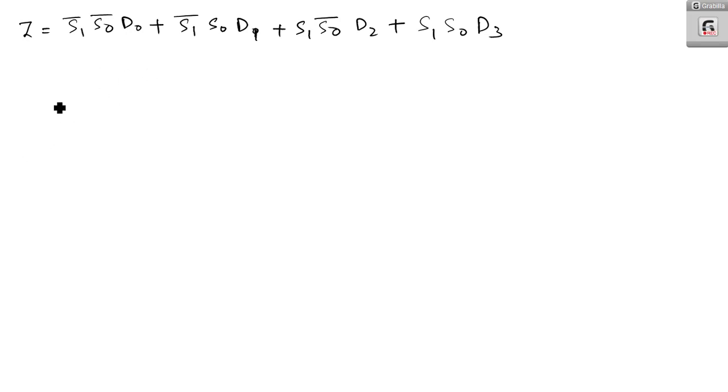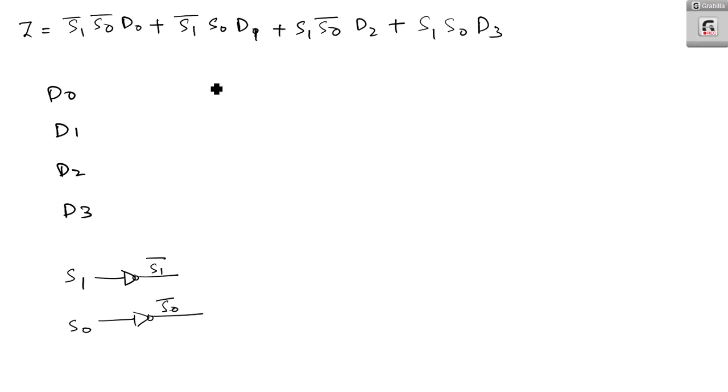So first you have inputs, that is D0, D1, D2, D3. Now comes select inputs. Select inputs are S1, here you have S1 bar. Now S0, here you have S0 bar. Now what is the first input? S1 bar, S0 bar, D0.